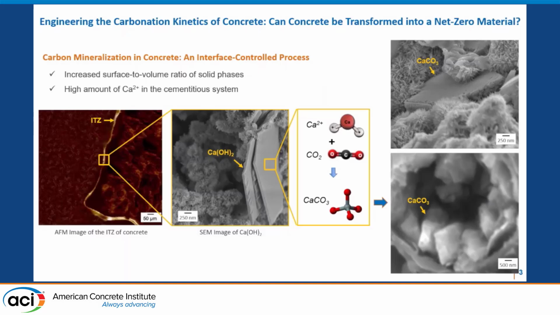However, supplementary cementitious materials can help us in increasing the surface to volume area, but they are taking up all the calcium in the system. Any process like that involves the consumption of calcium hydroxide, which eventually will lead to a depletion of the calcium in the system.